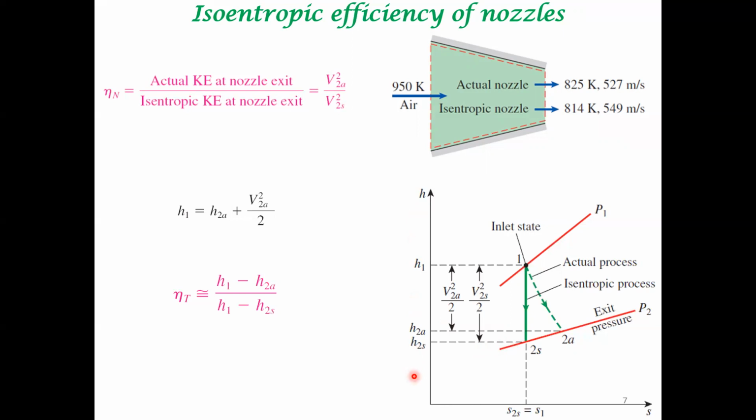But the actual device doesn't operate along this line; it operates along this curve. Your enthalpy is greater for your actual device. Because of this, the kinetic energy gain in an actual device is lesser compared to the kinetic energy gain in an ideal device. Again, nozzles are also high efficiency devices which can operate at around 90% efficiency.